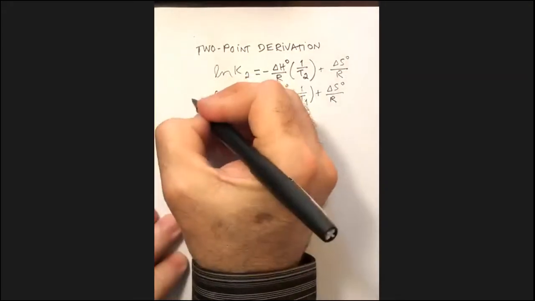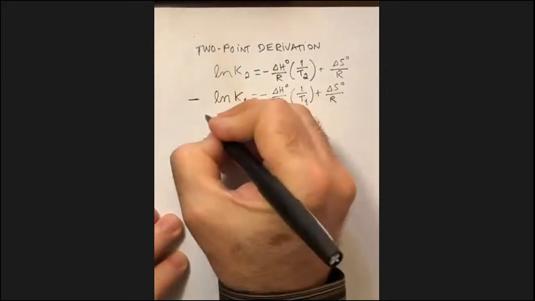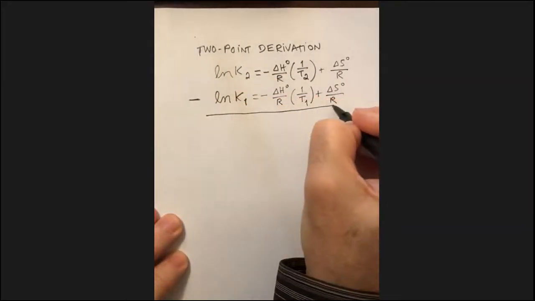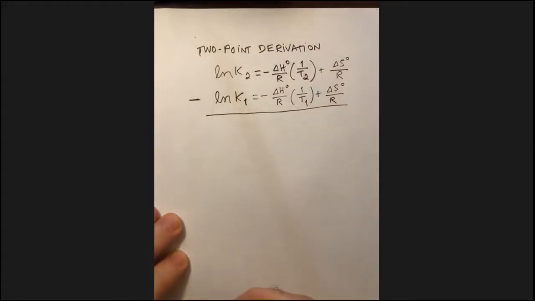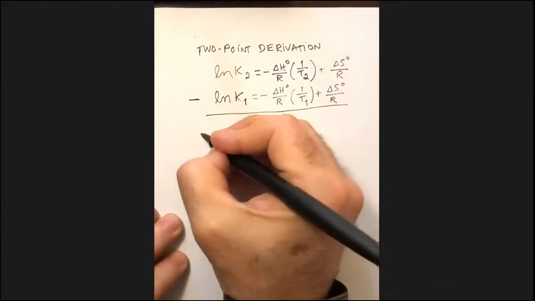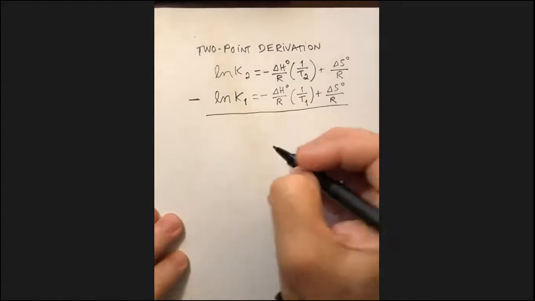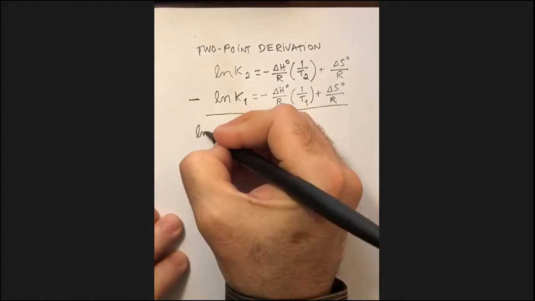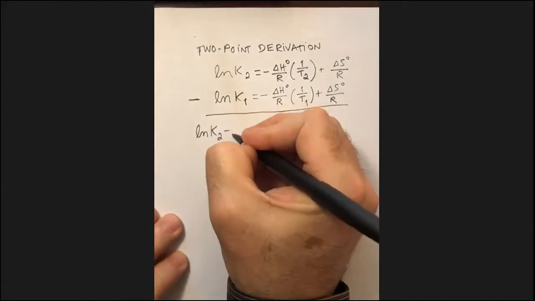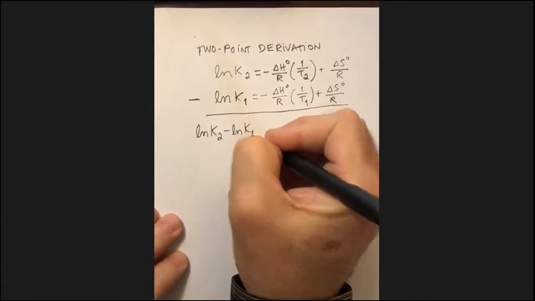And let's say that I now subtract the second equation from the first one. So this would be log of K2 minus log of K1.